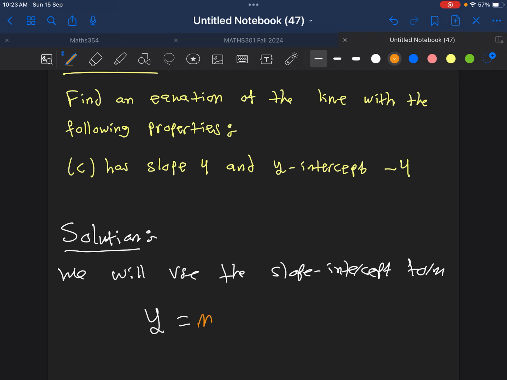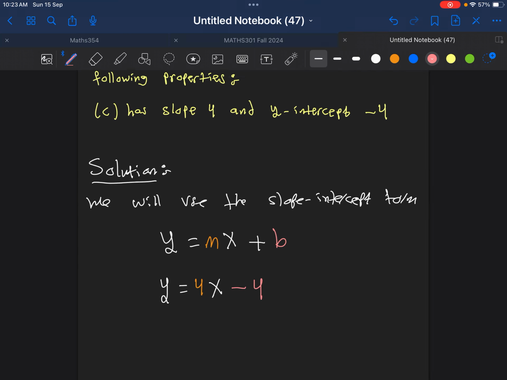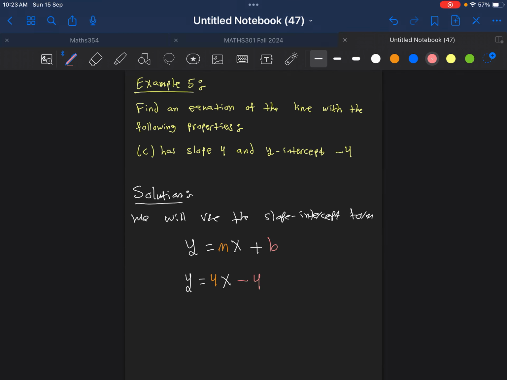Remember, the slope intercept form says y on one side, mx plus b. And remember, b is the y-intercept, m is the slope. Now, those are given to me in the question. So all I need to do is just substitute them. And -4. And that's the slope intercept form.